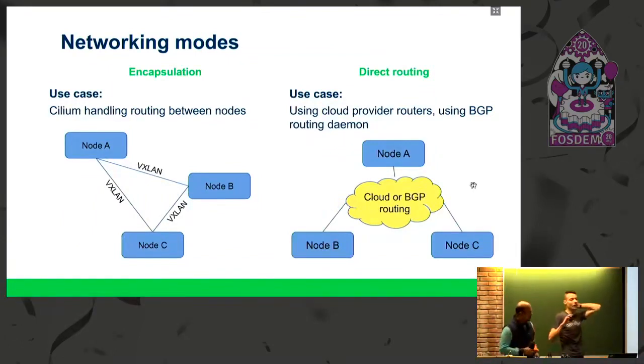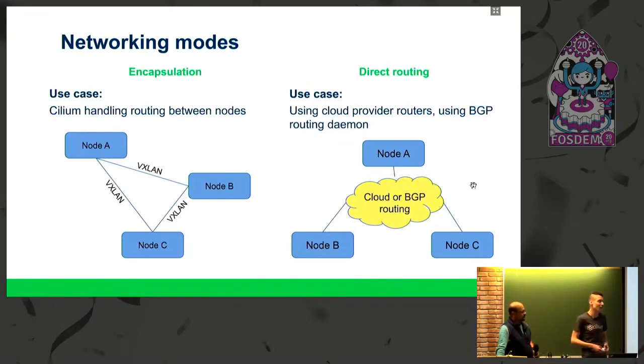Yes, so there are two networking modes basically in Cilium. You can use Cilium to encapsulate packets between nodes, and the traditional, default method of doing that is VXLAN. But in case you want to use BGP, or you are deploying your Kubernetes cluster in cloud environments like AWS or GKE, you can use direct routing, where Cilium doesn't route packets between nodes, but you rather use something else to do that.